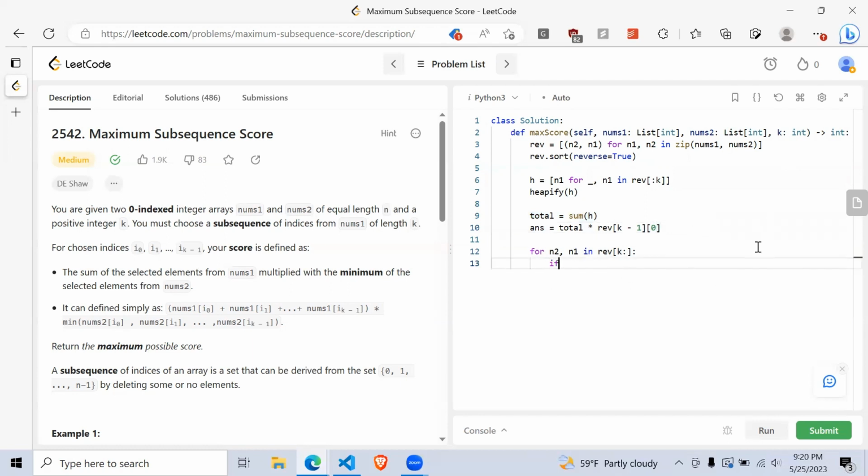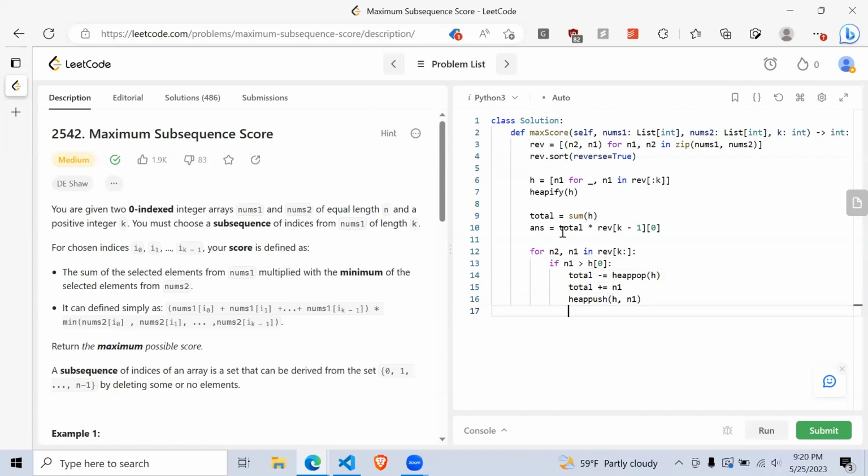In other words, if n1 is larger than what we have in the min heap, then we replace it. So remember, we have to subtract it from the total, and let's pop it also on the way. We have to add the new one to the total. And then, of course, we also have to push it in the heap.